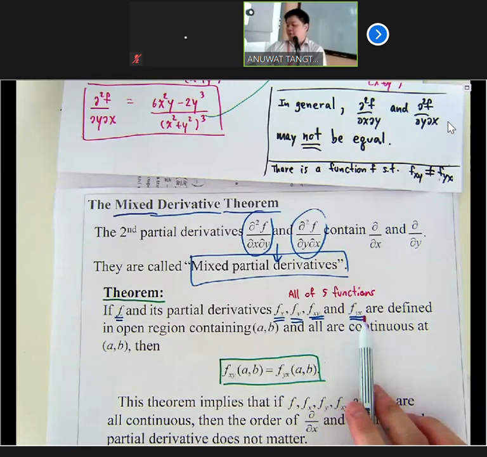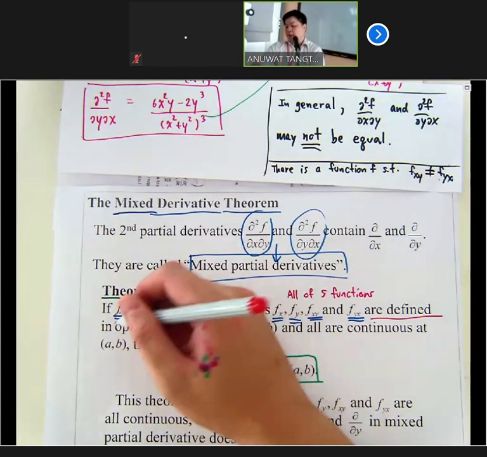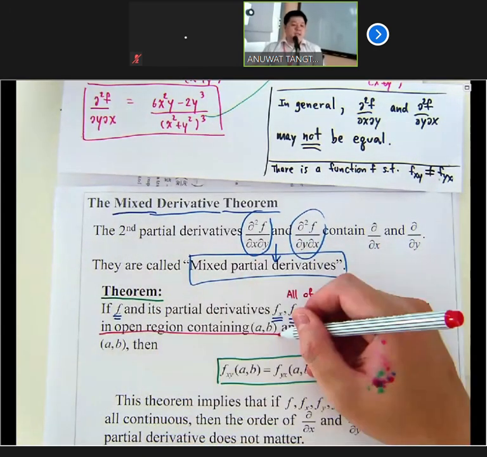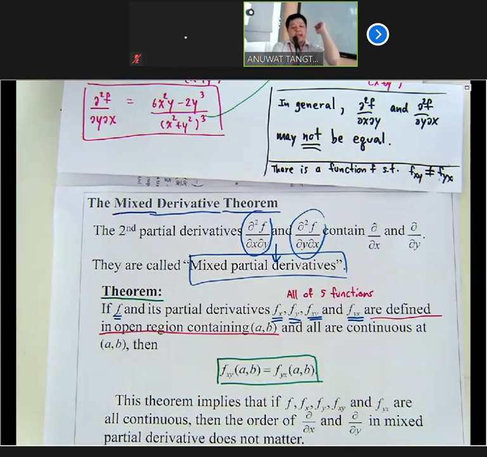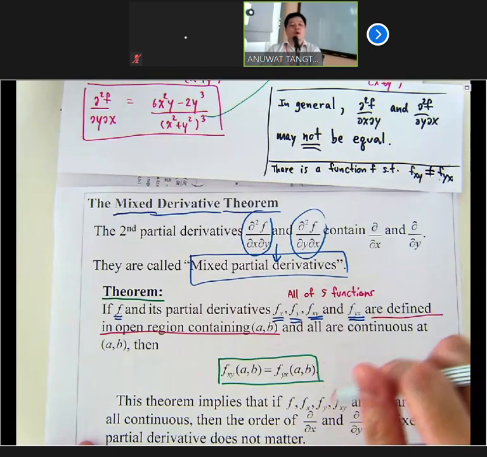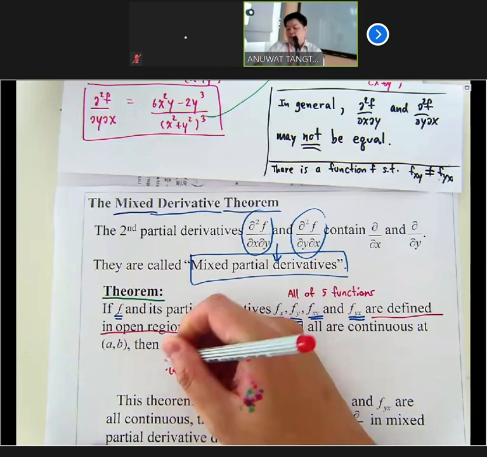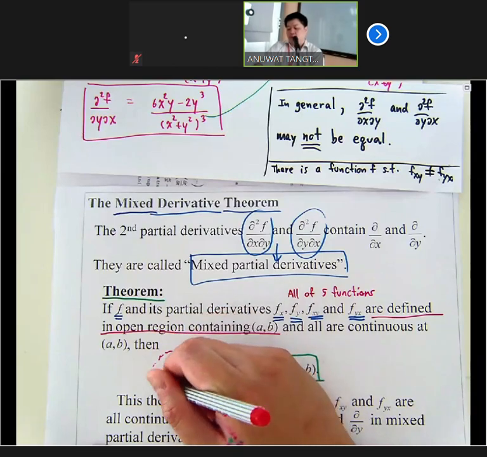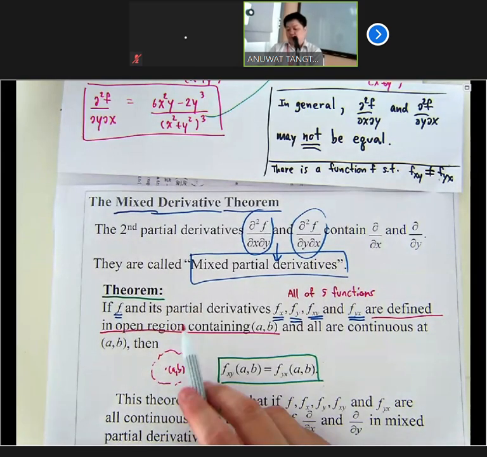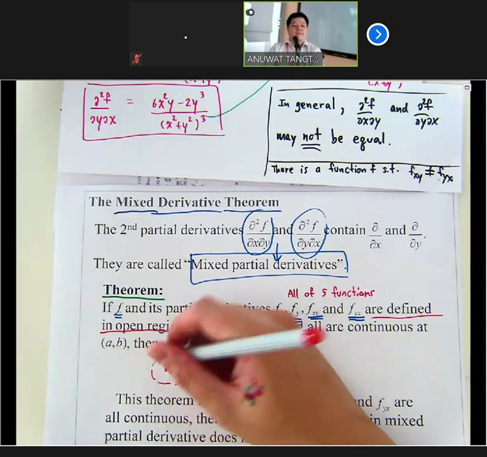are defined in an open region containing (a, b), say (a, b) can be just a point and we look at just a small neighborhood of this point. We have the point (a, b) here and we find a small neighborhood in the region of R2. The point (a, b) is inside.